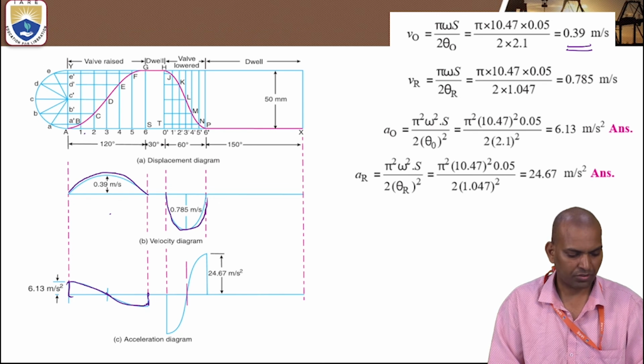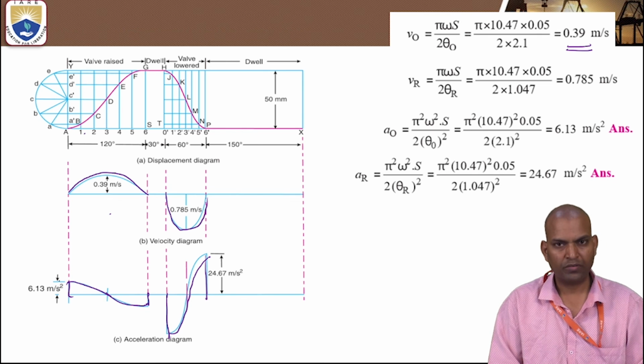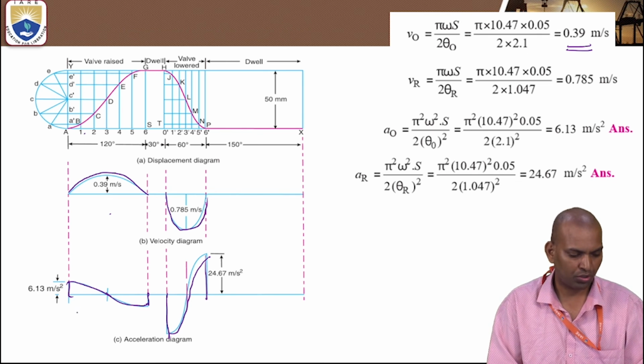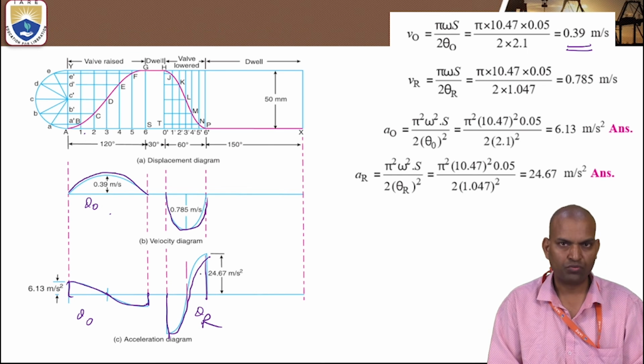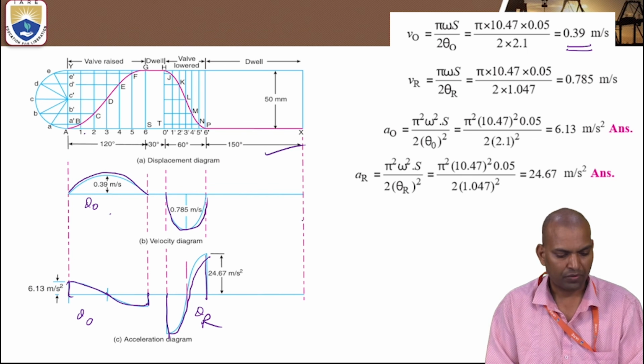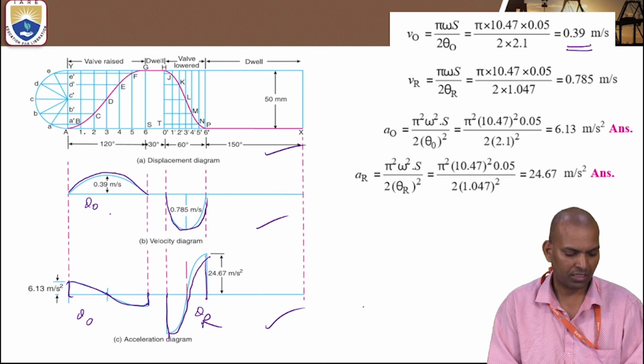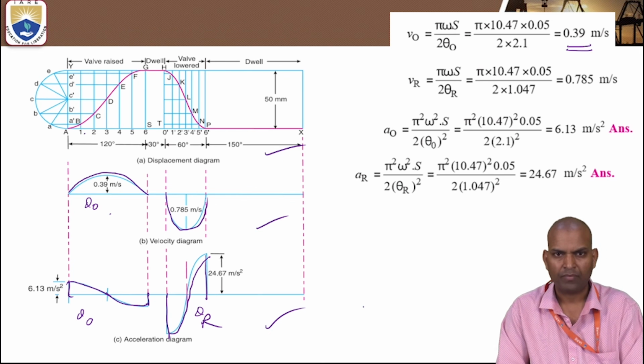This is the shape of the curves. These are the acceleration curves for 6.13 meter per second square during outstroke and 24.67 meter per second square during return stroke. So these are the displacement, velocity and acceleration diagrams.